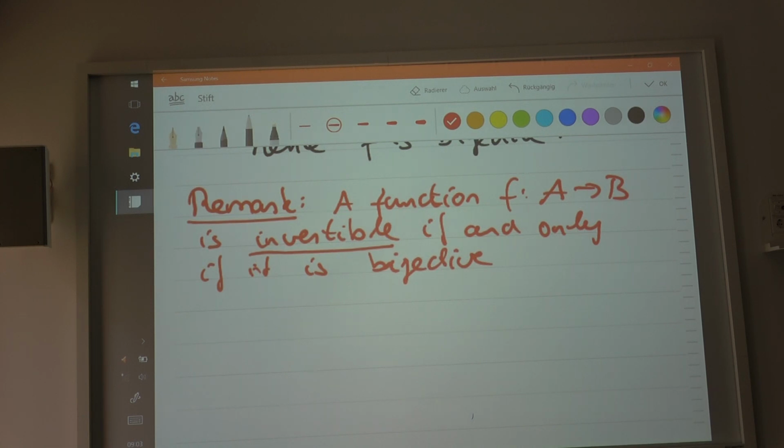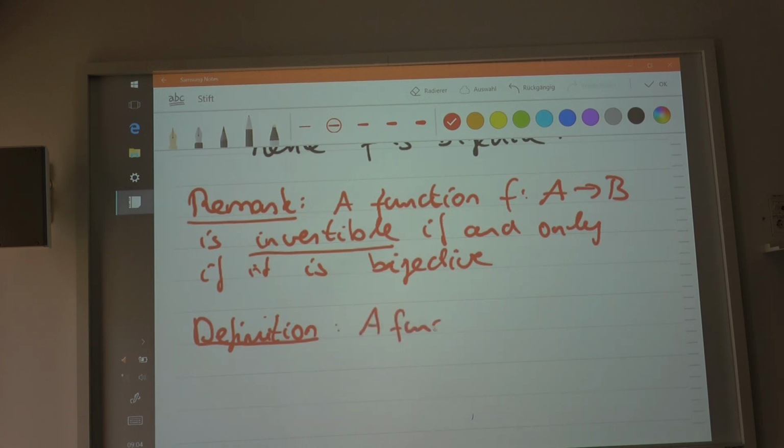Now what is actually the inverse? You know this, right? What the inverse function is, but I have to define this as well, so let me give you the definition. What is an invertible function?